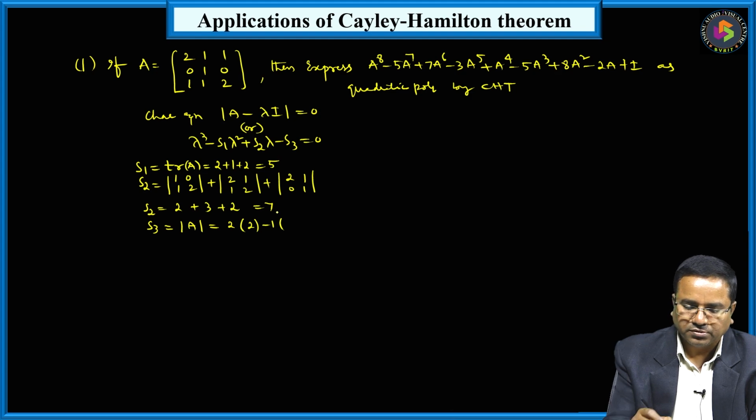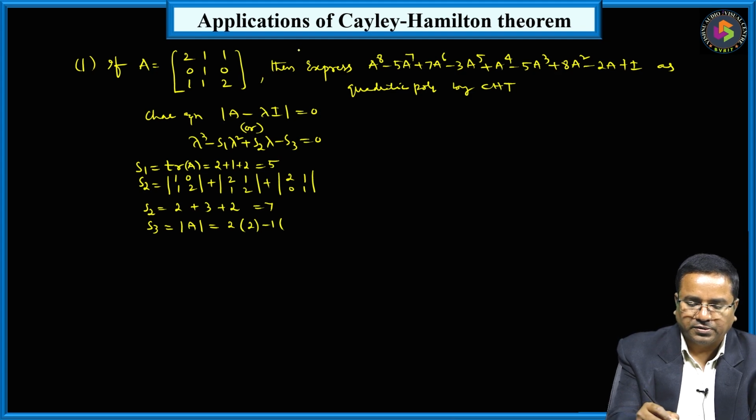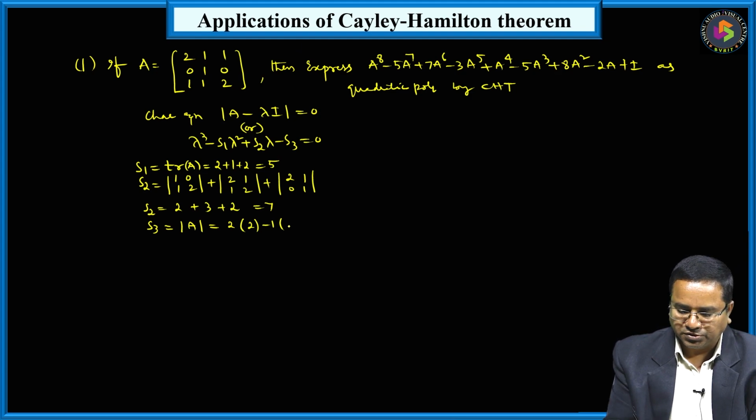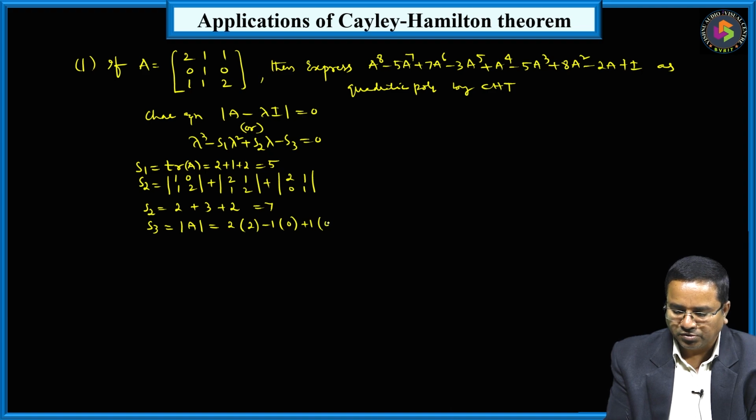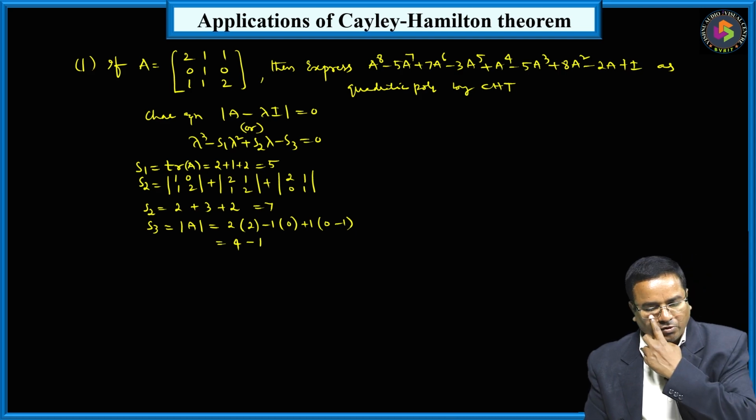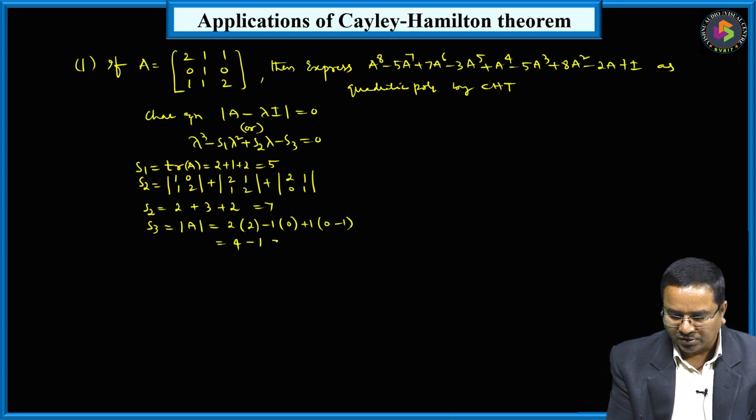Minus 1, deleting the second row and first column, we get 0. Then 1, this gives 0 minus 1. So this is 4 minus 1, which is 3.